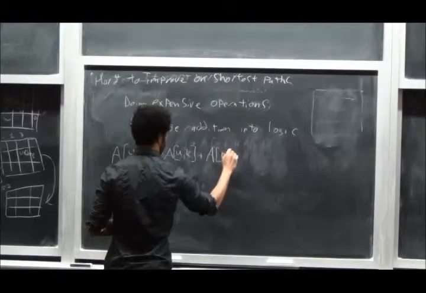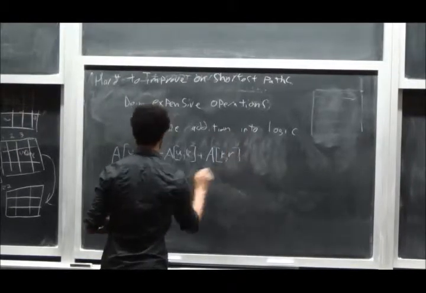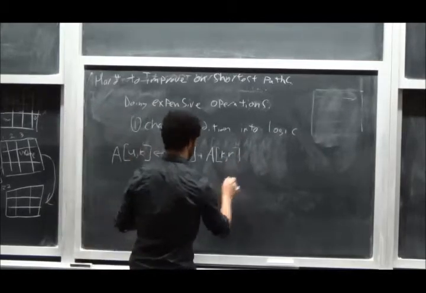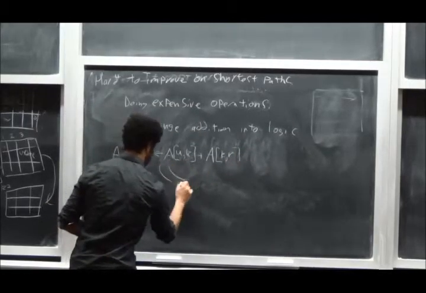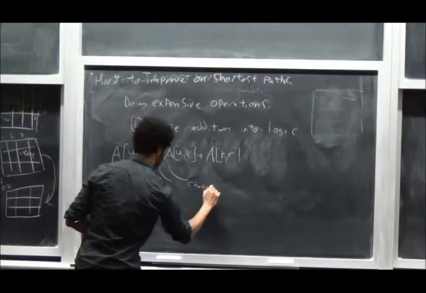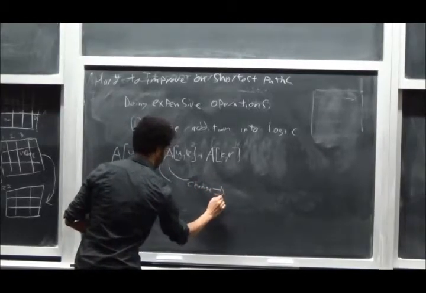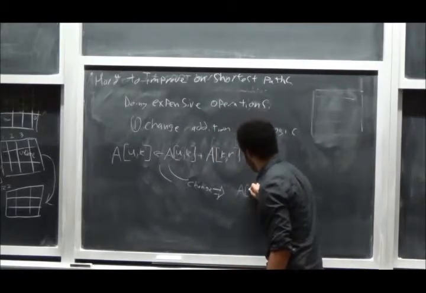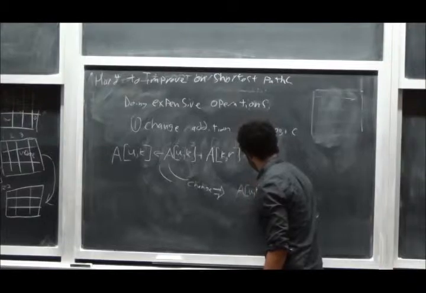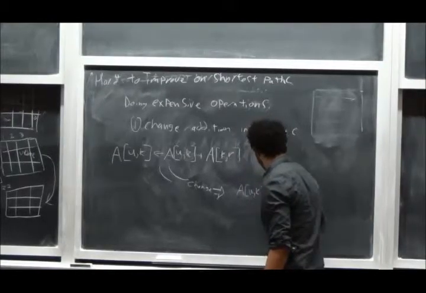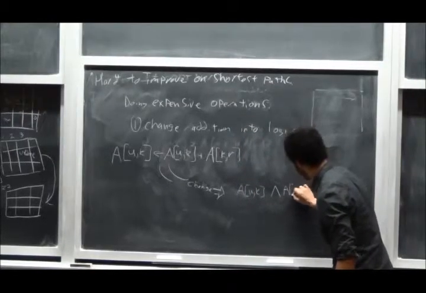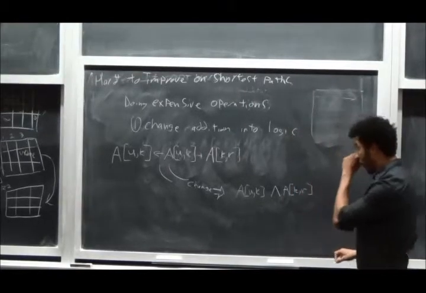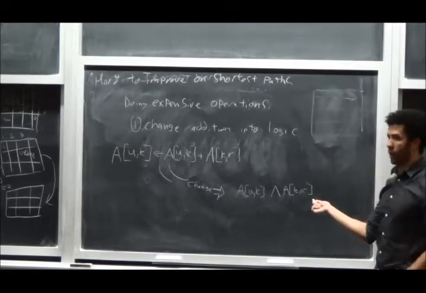We can change this, I want to do another big arrow, into something more of a form. We can use a logical AND. So if we do that, we can save a lot of operations.